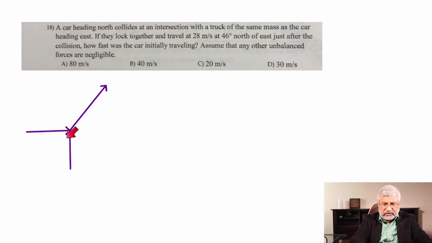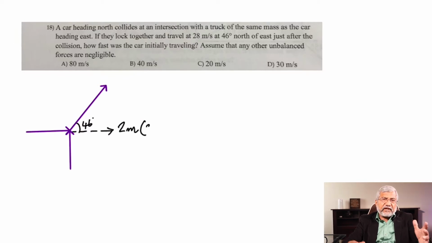Okay, so we need a diagram for this. That is the car moving north, that's north, that is moving east, and after collision they are locked together and they're moving that way. Okay, so that is the initial direction of one of the cars, and that angle is 46 degrees. So whenever we have this kind of a problem, we got to resolve the vector into its components, and that's why I'm getting 2m times 28 cosine 46.